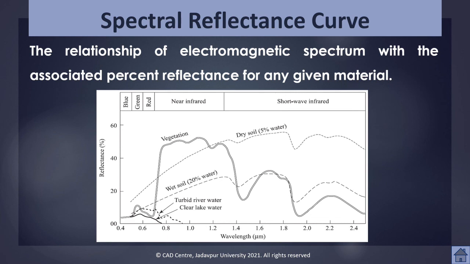So, let us try to understand the reflectance characteristics of vegetation and water. First, the vegetation. A chemical compound in leaves called chlorophyll strongly absorbs radiation in the red and blue wavelengths, but reflects a higher amount of energy in the green band.